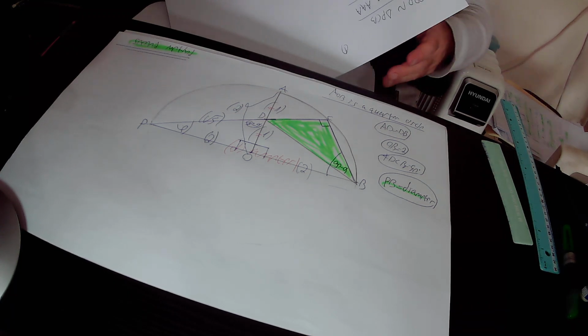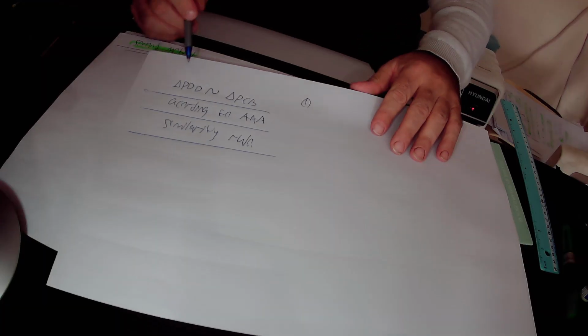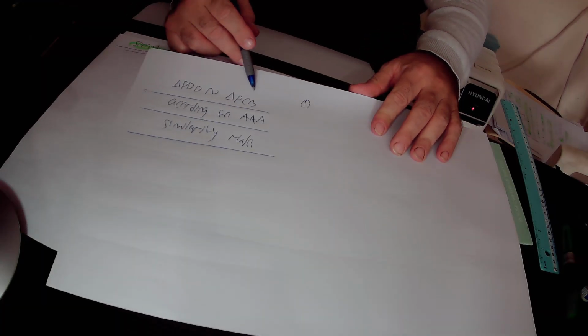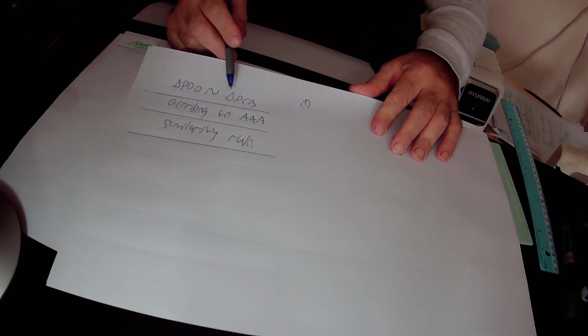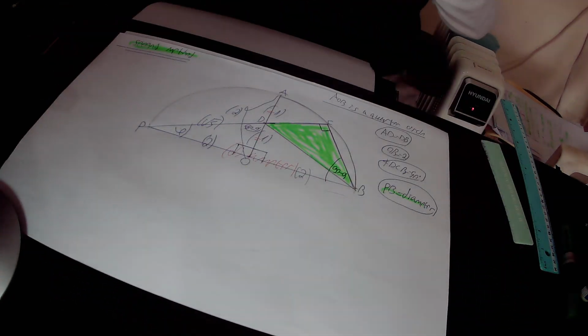Again, we found out that the small right triangle PDO is similar to the big right triangle PCB according to the angle similarity rule.